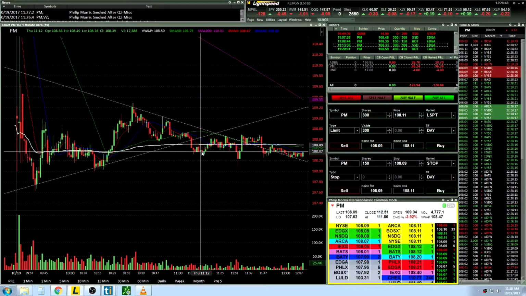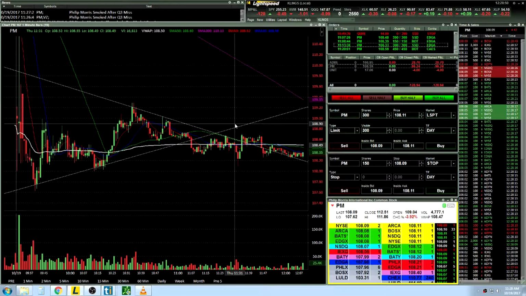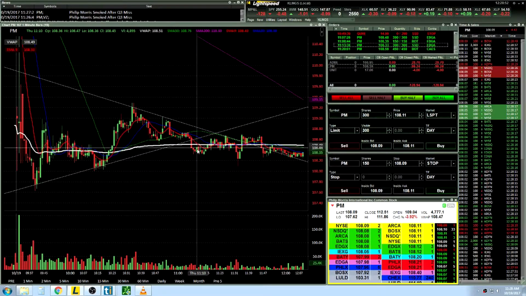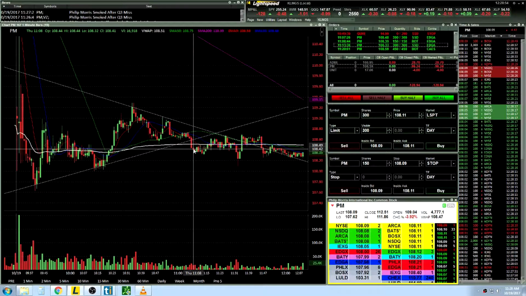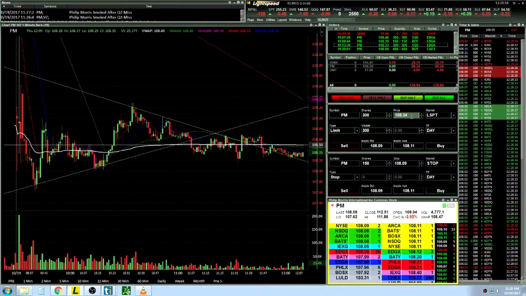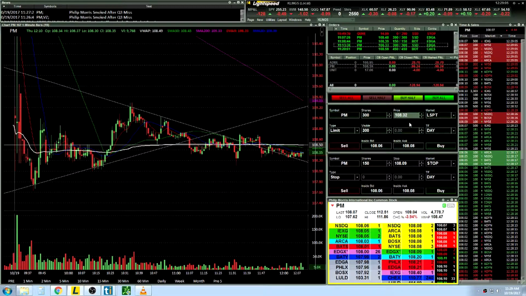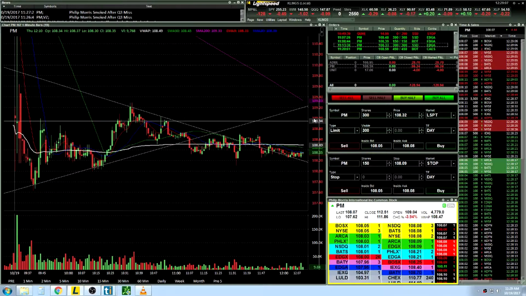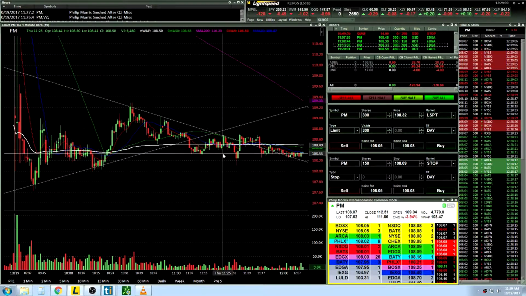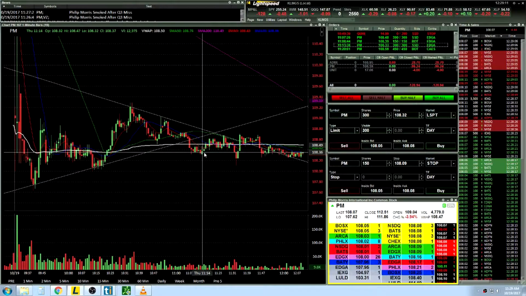So I wouldn't have had a problem adding into this trade, and I still don't. The only problem is that the low of this candle is 32 cents. What I originally did is I had this at 31 cents. But for whatever reason, I decided to make it 32 and give myself that extra little penny. And of course, it clipped me in right at 32, and it never saw 31.